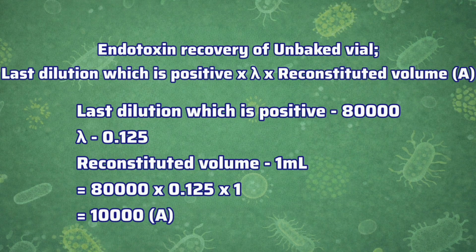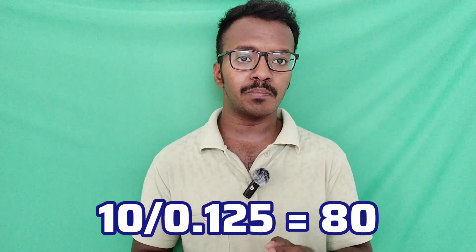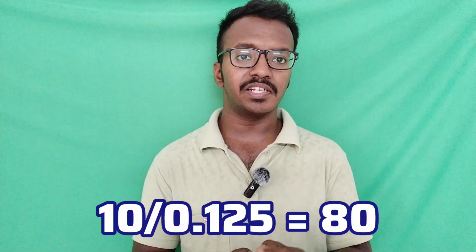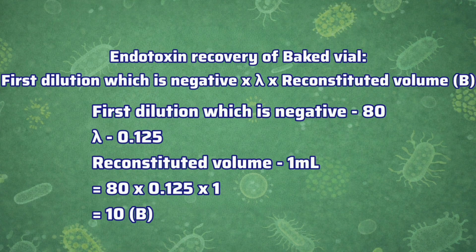So total 10,000 EU. The second formula, endotoxin recovery from the exposed baked vial, is equal to the first dilution which is negative. For a 3 log reduction, 10,000 to 10 EU, 10 divided by 0.125 is equal to 80. So 80 times 0.125 lysate sensitivity times reconstituted volume 1 ml is equal to 10.